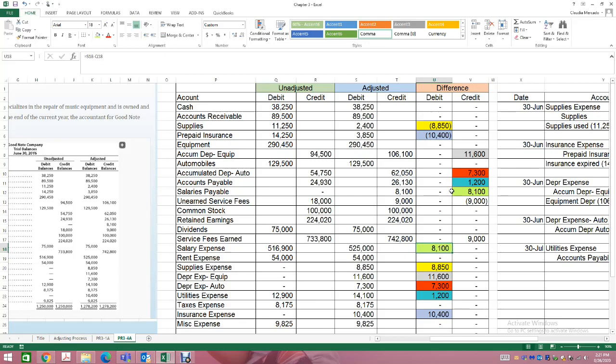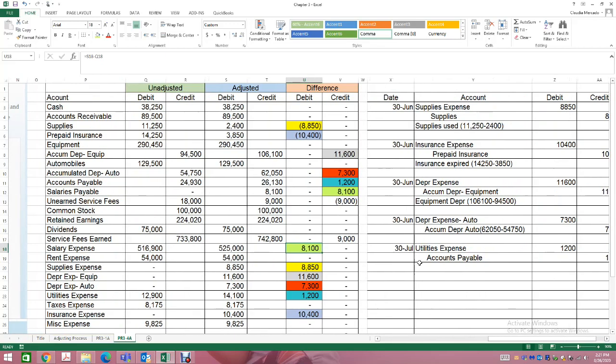So we have $8,100 sitting in a salaries payable account waiting for them to pull the money out. Every time you do an adjustment, most of the time, like in this case where it's salaries payable, you know that your employees worked and earned that money that you should have paid them this period, but you're going to hold off and pay them next period. So we're going to record that entry.